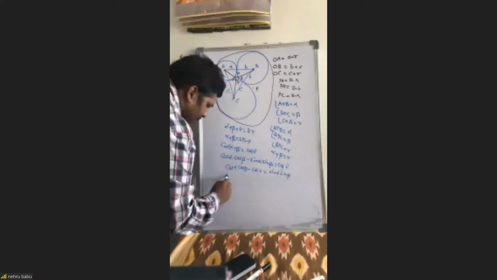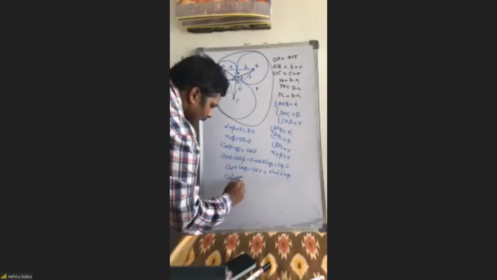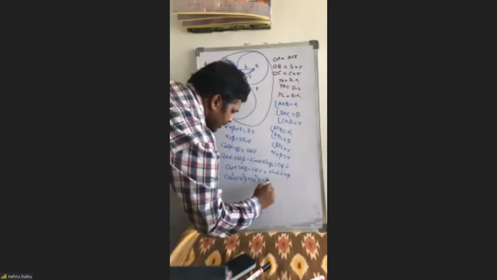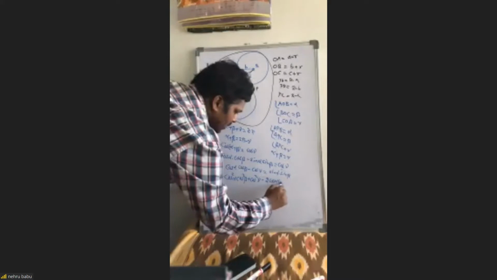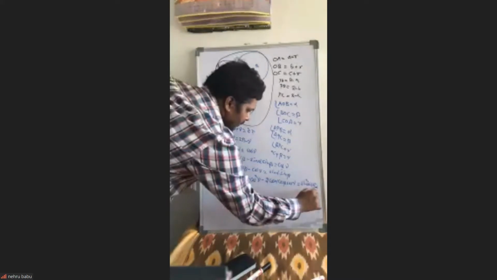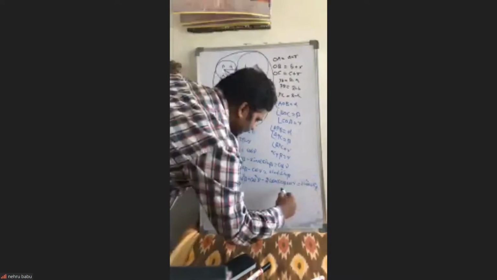If you square both sides, cos square alpha cos square beta plus cos square gamma minus 2 cos alpha cos beta cos gamma equals sin square alpha into sin square beta, and write that as 1 minus cos square alpha into 1 minus cos square beta.